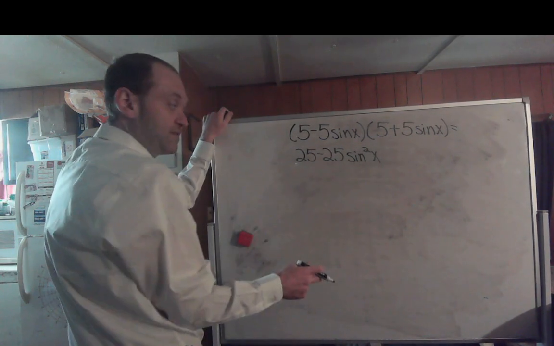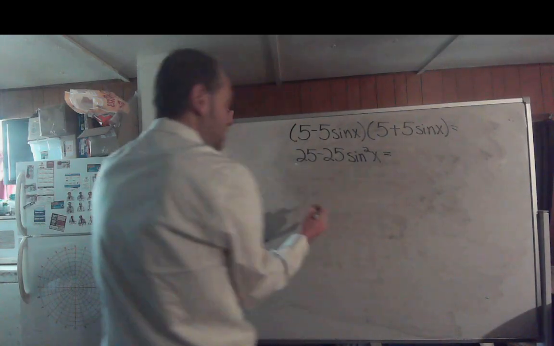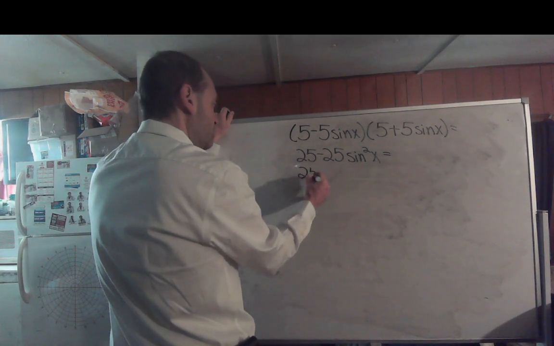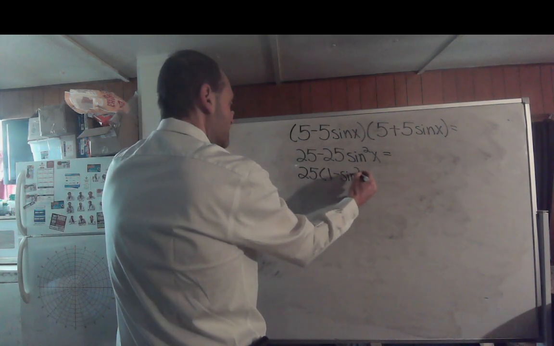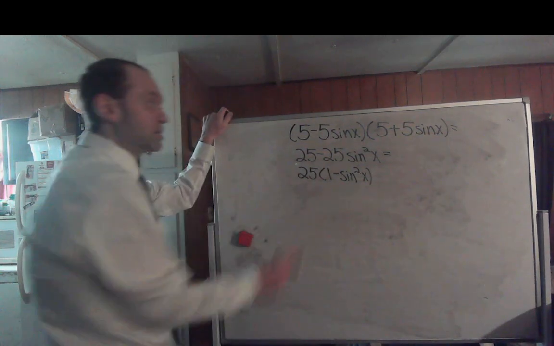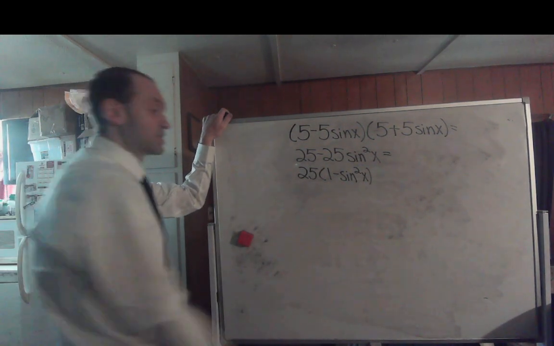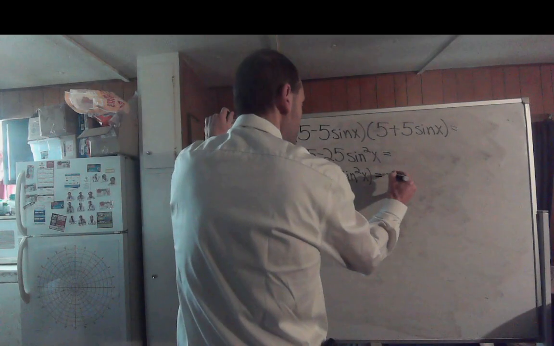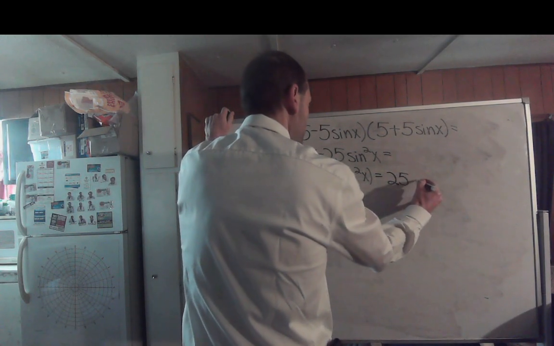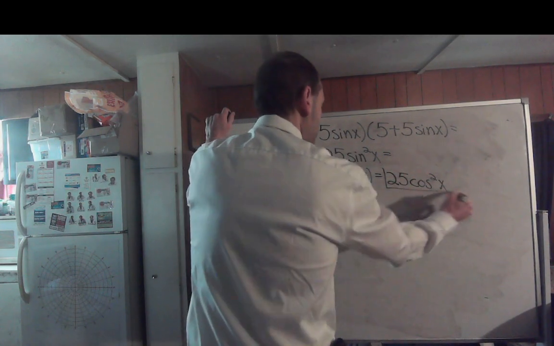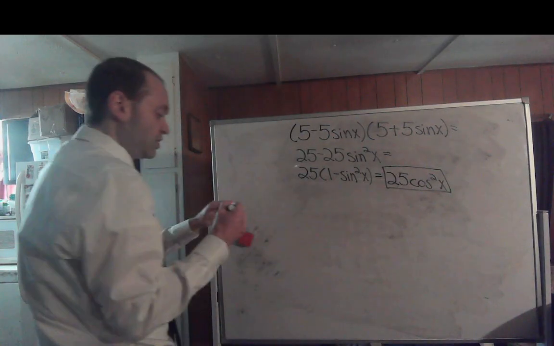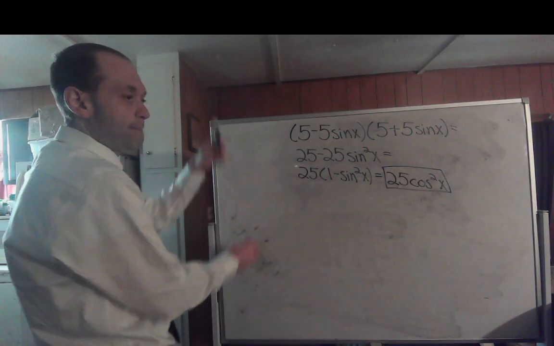Well, now we can factor out a common 25. This should turn into 25 times 1 minus the sine squared of x. Well, what's 1 minus sine squared? That's the cosine squared. So this should just turn into 25 cosine squared of x. And that's what you would get, 25 cosine squared of x.